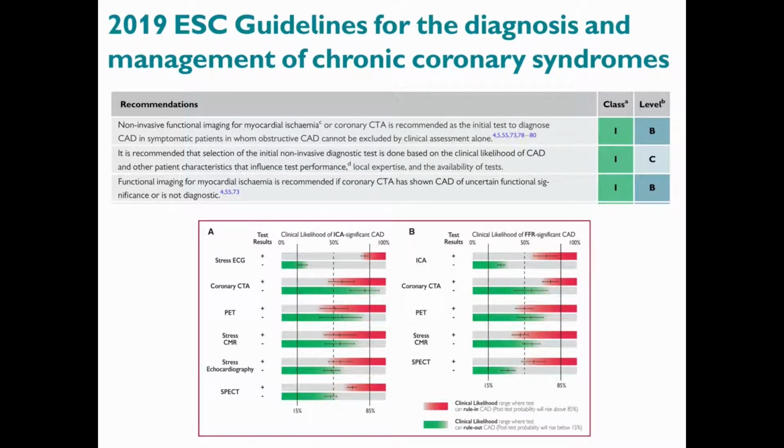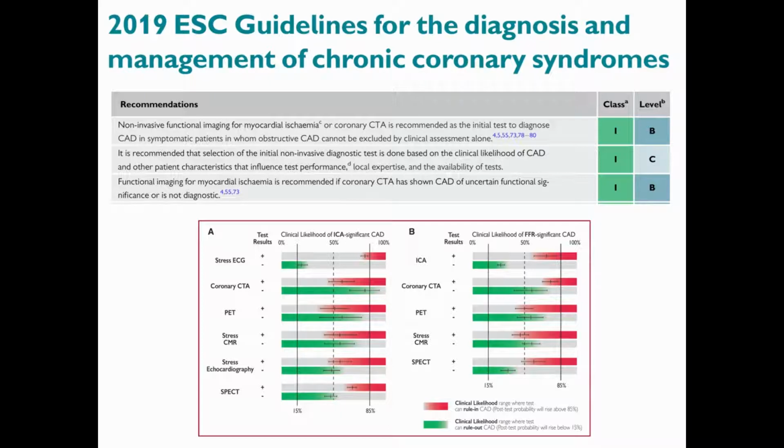This just shows you one of the figures from the guidelines, which shows basically what I showed you earlier in the week: if you've got a lower likelihood and you want a test that really rules out obstructive disease, then CT is brilliant. If you've got a really high likelihood, a 70-year-old smoking male diabetic who's got classic angina, you don't necessarily need to know that he's got atheroma because it's quite obvious. You just need to know perhaps whether he's got something that needs revascularization.